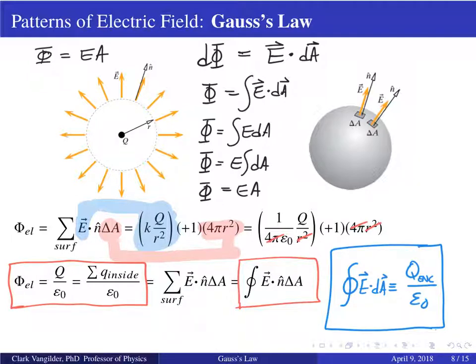So another way to look at this, and I'm kind of out of room here, so I'll put it down at the bottom. What this is saying is that I could look at charge as this, EA epsilon naught.